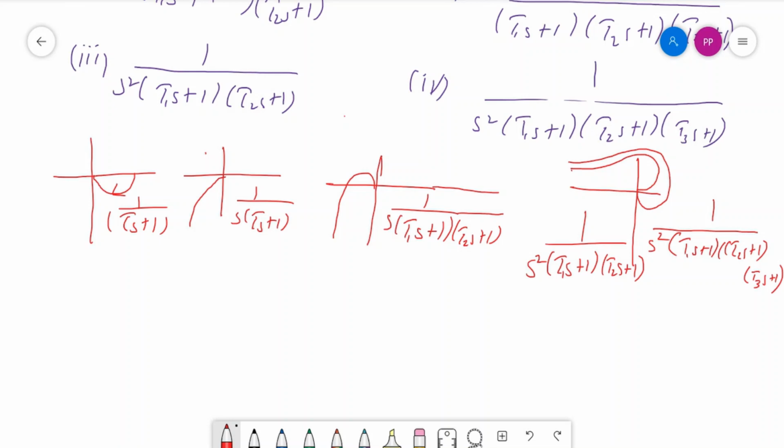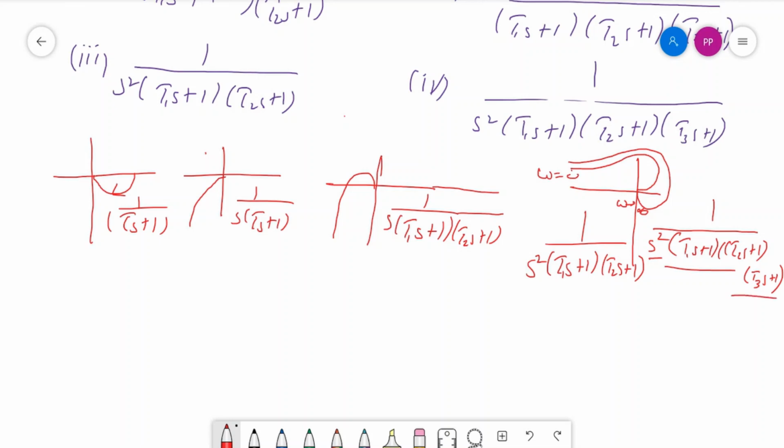So you can understand how the change of the pole at the origin, that is s, or the pole at some other point, will affect the polar plot. Both the changes at omega equal to 0 and omega tends to infinity can be recorded with the change of these factors.